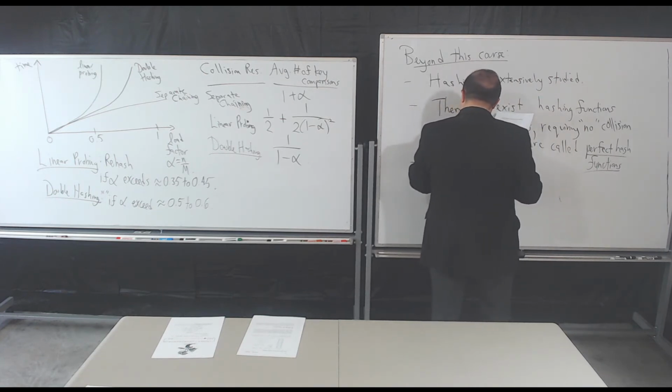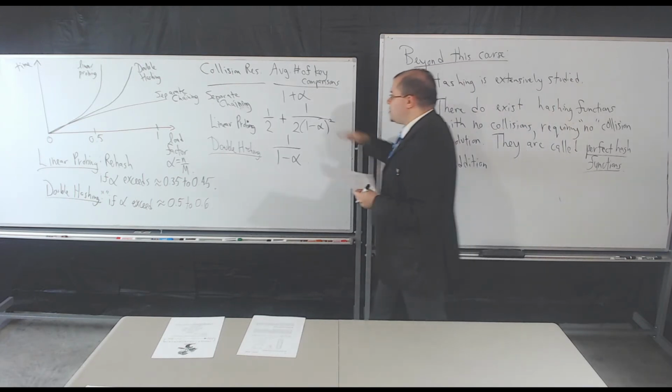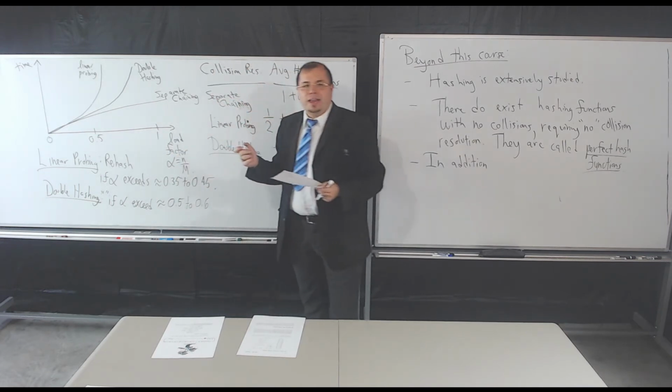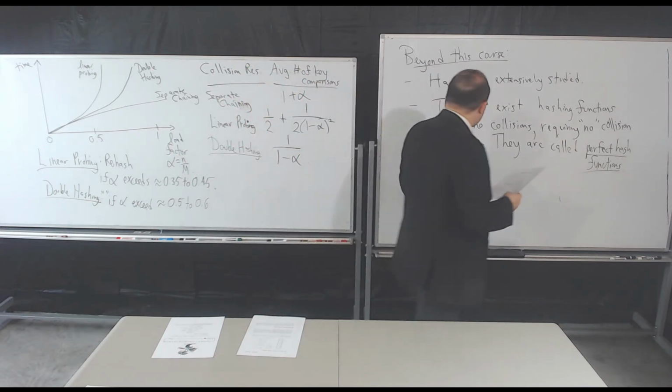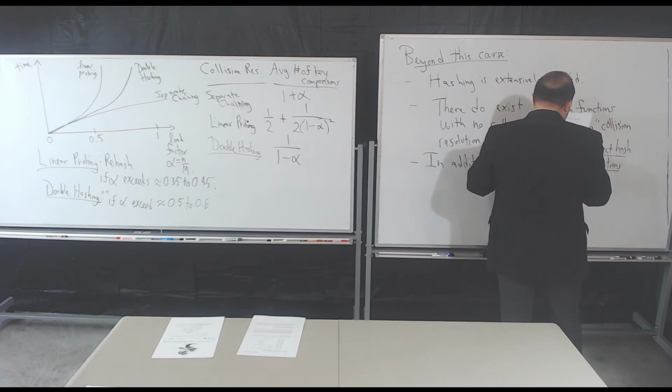In addition, it's worth noting that one of the drawbacks of these approaches that we've talked about is that in the worst case, they take big O of n time, right? I want to address that. There has been work in maybe the last few decades on things like this.